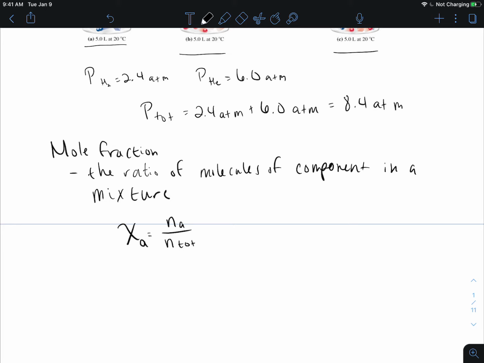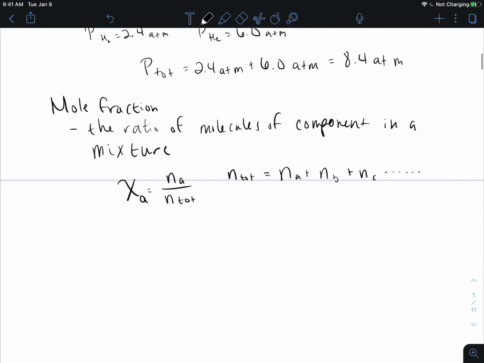So pretty easy, where our n total is equal to nA plus nB plus nC, and so on, however many substances are within our mixture. And then to solve for our partial pressure of A, it's going to be our mole fraction of A times our total pressure.